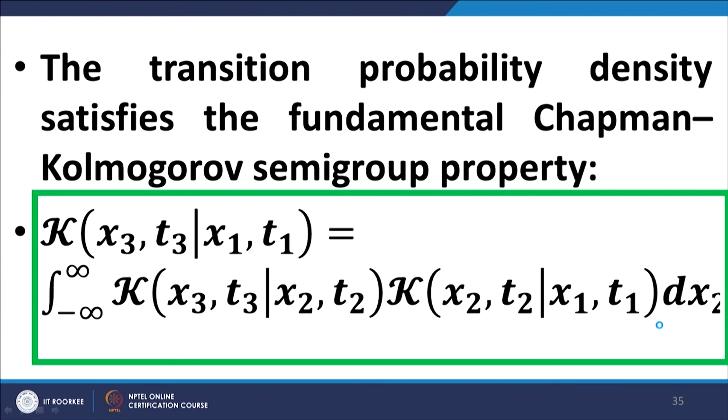Now, another important thing, the transition probability density or the transition amplitude also satisfies the Chapman-Kolmogorov equation, which we had discussed at an earlier point in time.